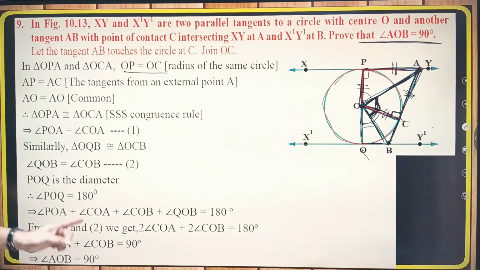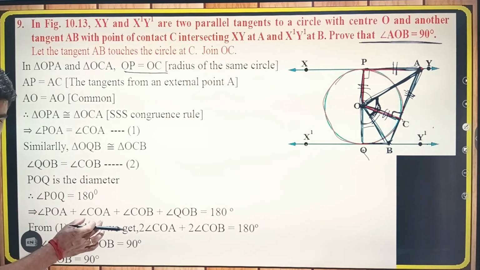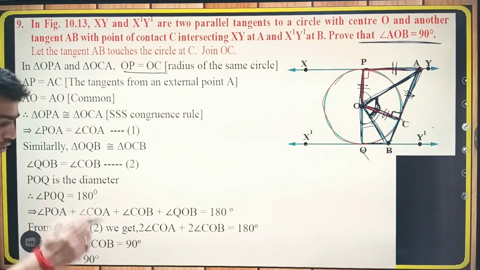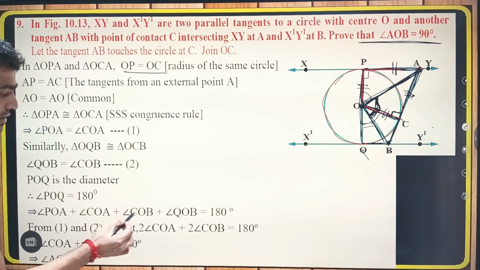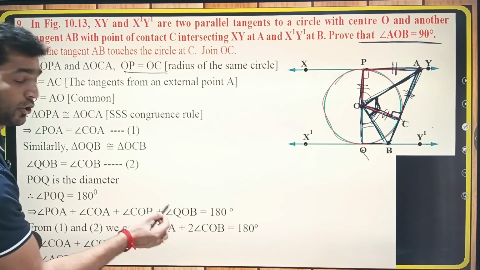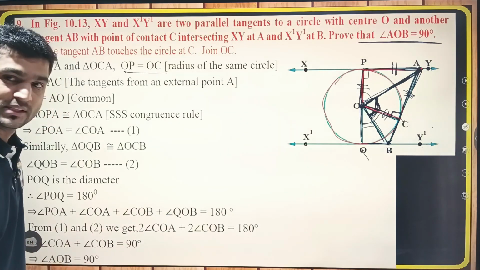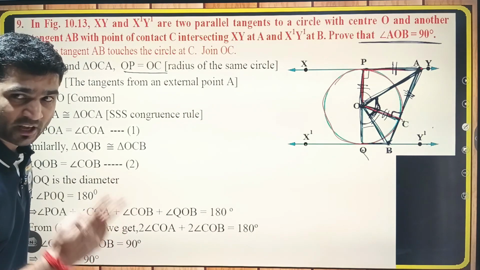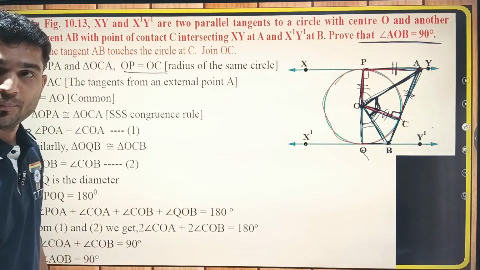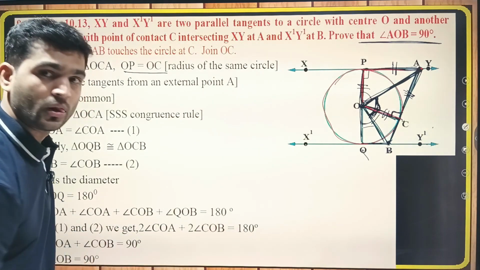If both are equal, instead of POA I can write COA. If I consider this also COA, this also COA, how much is this? 2 times COA. Here is COB and QOB. QOB is also nothing but COB. Therefore, if you add, 2 times COB, I add these two, that equals 180.